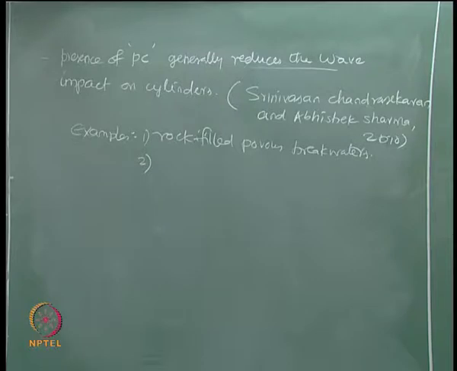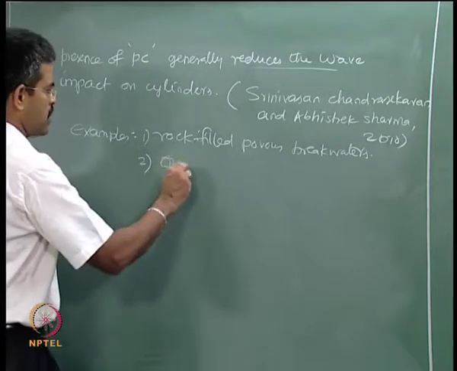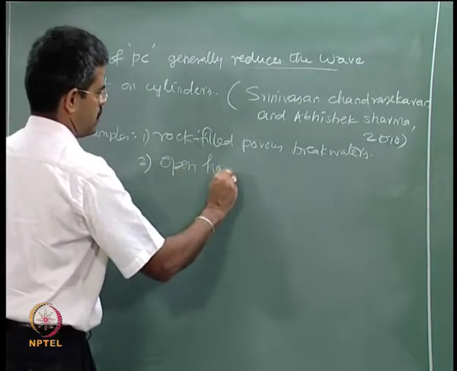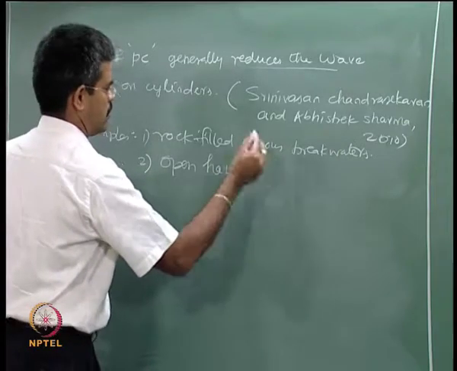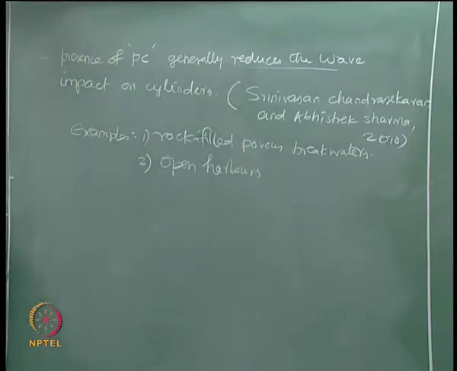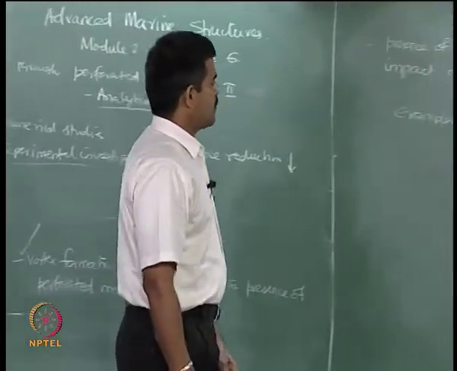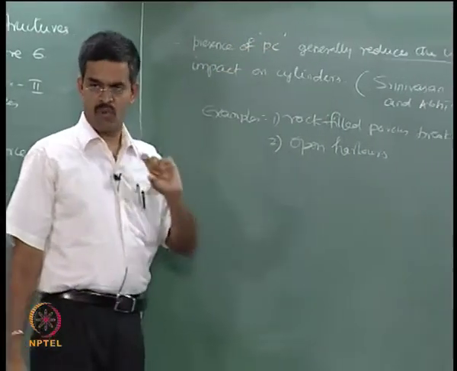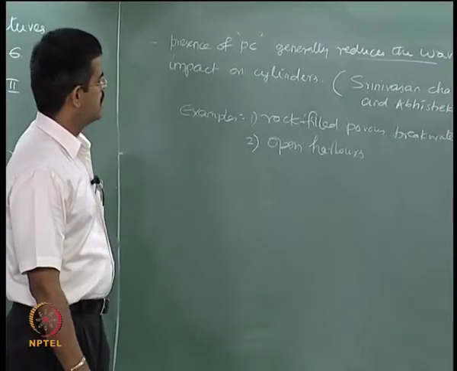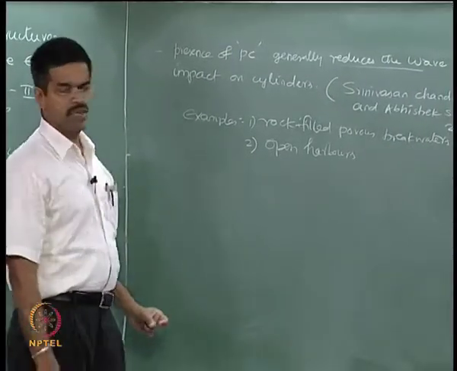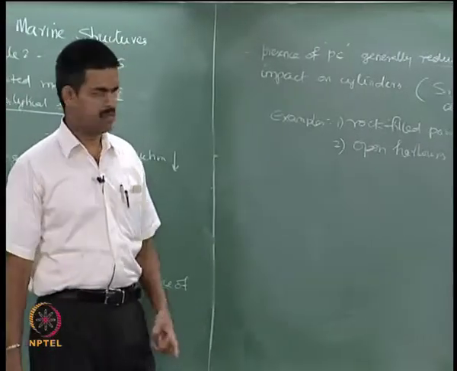The second example can be construction of what we understand as open harbors. These are all very famous application examples where one can look at the presence of perforated cover or a porous structure as a mechanical means of reducing the wave impact on members.